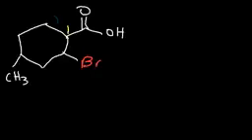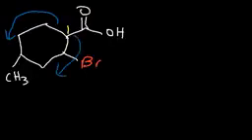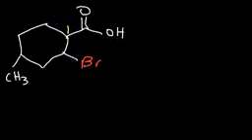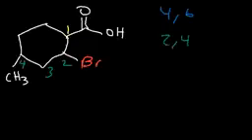Now, we need to decide, should we count it counterclockwise or clockwise? If we count it counterclockwise, we're going to have a substituent on 4 and 6. If we count it clockwise, the 2 substituents will be at 2 and 4, which is better. So that's the way we want to go.